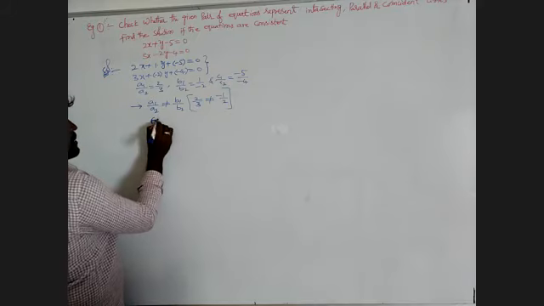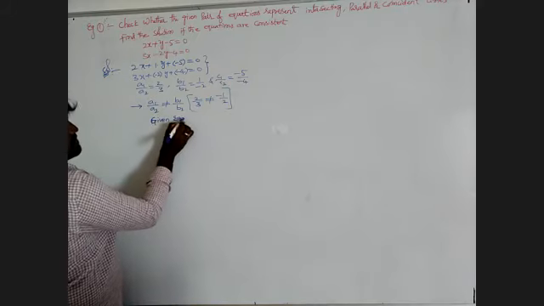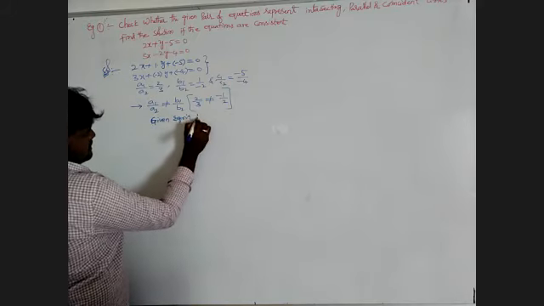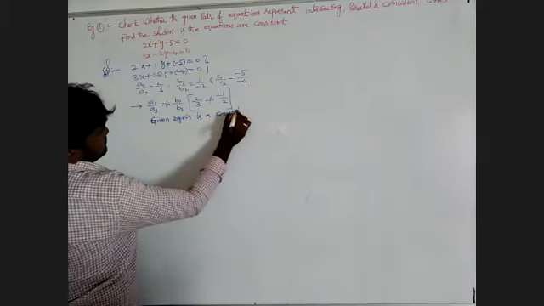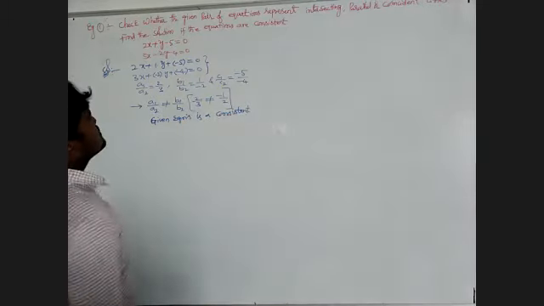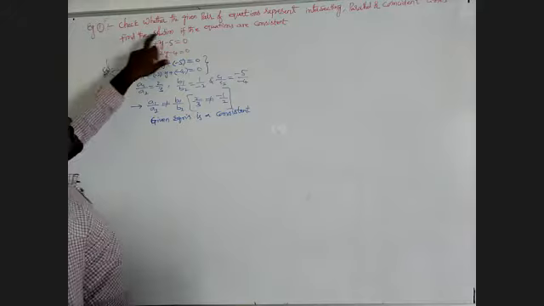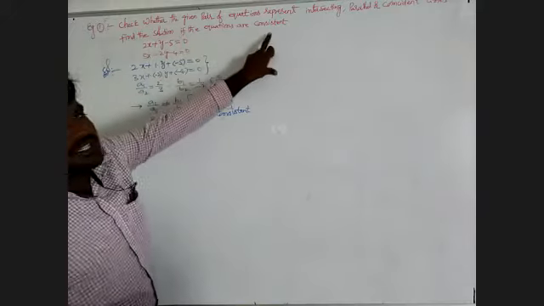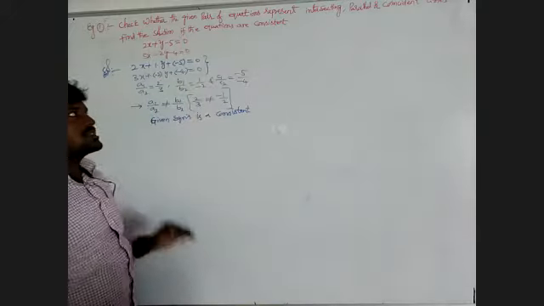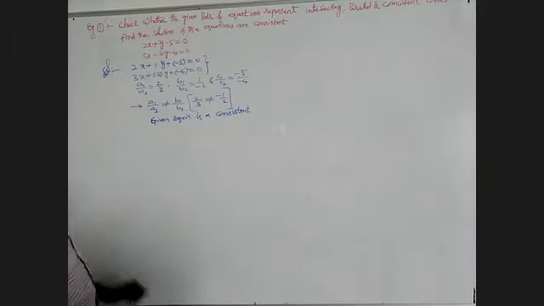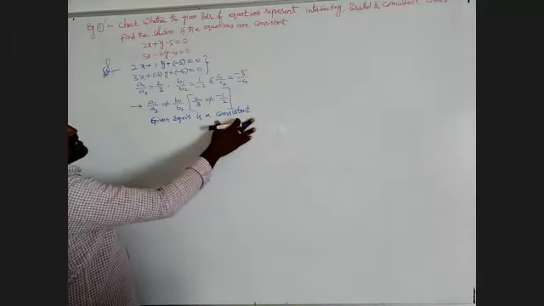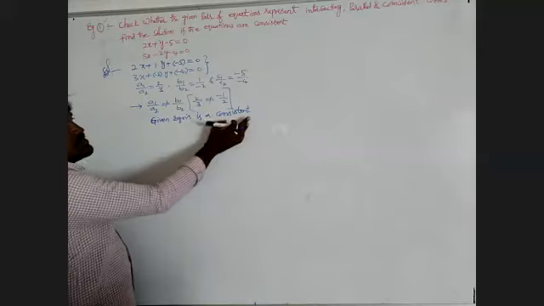Given equations are consistent. What is asked in this problem is to find the solution if the equations are consistent. When the equations are consistent, find the solutions of the given equations.